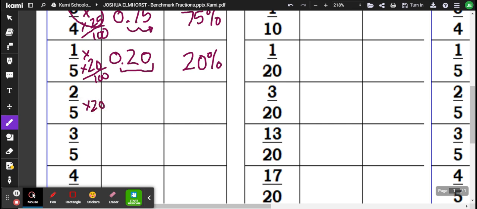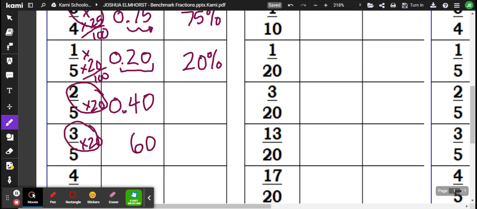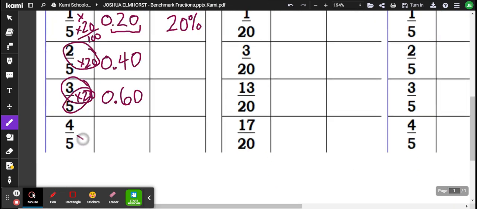You should start to see the pattern here. 2 times 20 is 40. 5 times 20 is hundredths. 40 hundredths. 3 times 20 is 60. 5 times 20 is hundredths. 60 hundredths. 4 times 20 is 80. And 5 times 20 gives us hundredths, 80 hundredths.